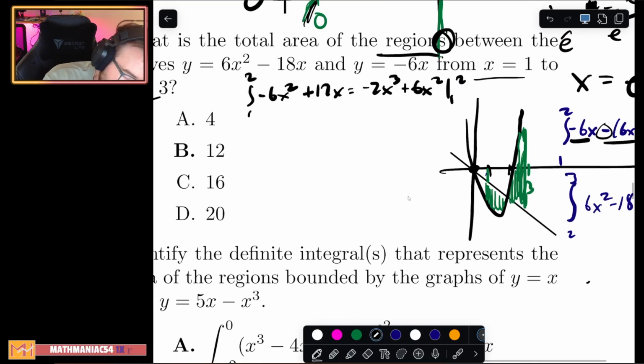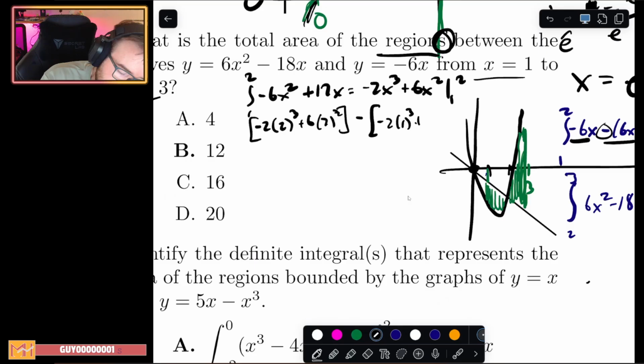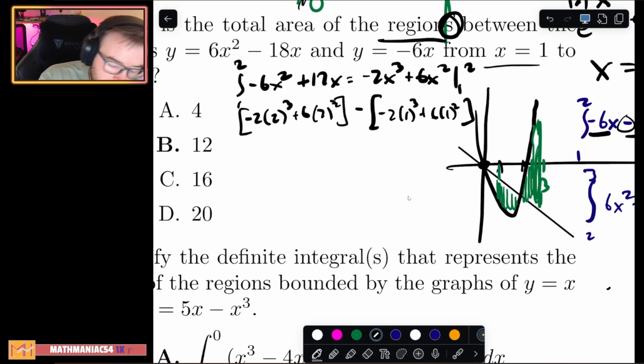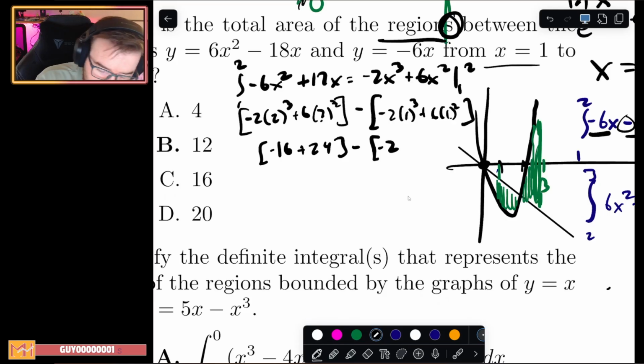So when we plug in 2, we get negative 2 times 2 cubed plus 6 times 2 squared, minus, plug in 1, negative 2 times 1 cubed plus 6 times 1 squared. 2 cubed is 8 times negative 2 is negative 16. 2 squared is 4 times the 6 is 24, minus 1 cubed is 1 times the negative 2 is negative 2. 1 squared is 1 times the 6 is 6. 24 minus 16 is 8.